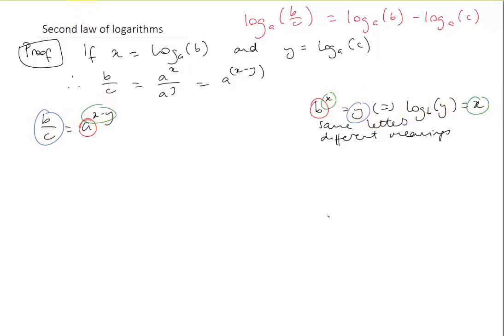I'm just using the colours to keep track of it. Sorry if you're colourblind. So then we can use this again, just like before. So then log in base A of b over c is equal to x minus y.